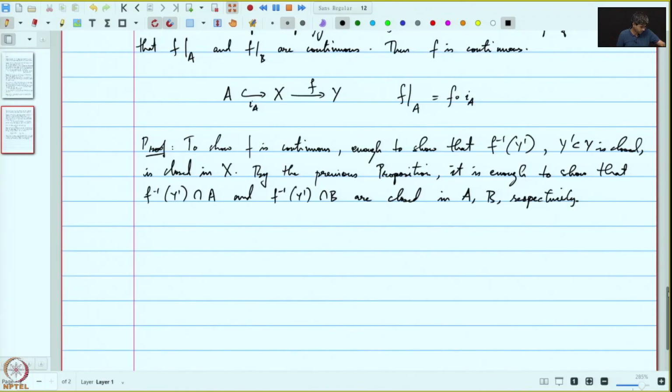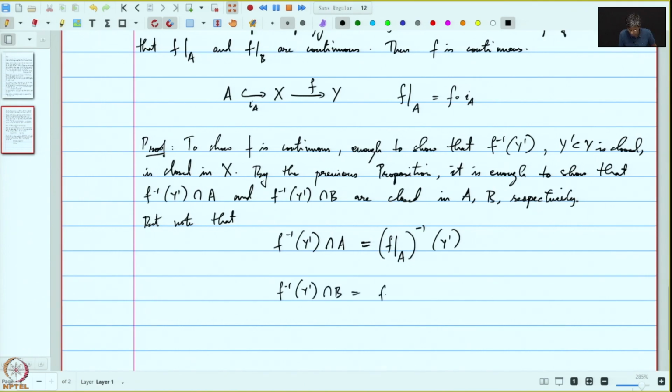But note that f inverse of Y prime, this is a simple set theoretic check, intersected with A is simply the inverse image of Y prime under f restricted to A, and similarly f inverse of Y prime intersected B is equal to the inverse image of Y prime under f restricted to B.